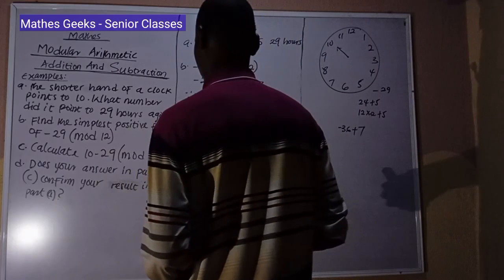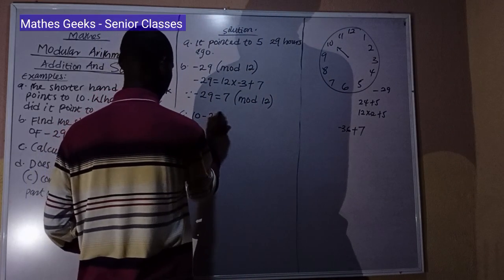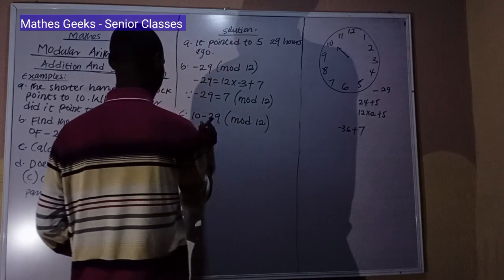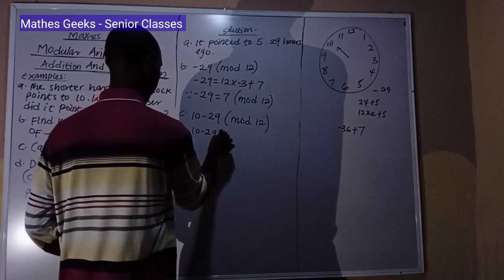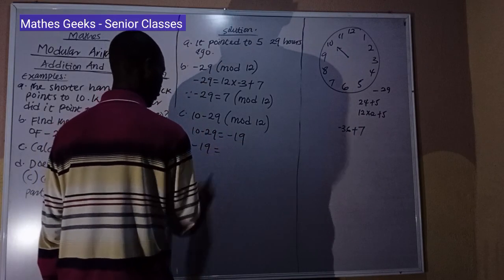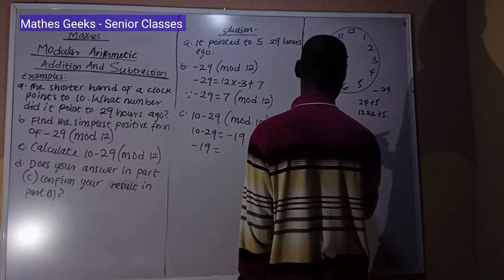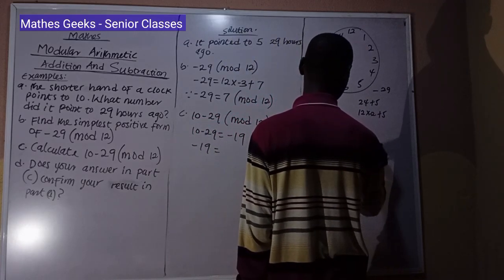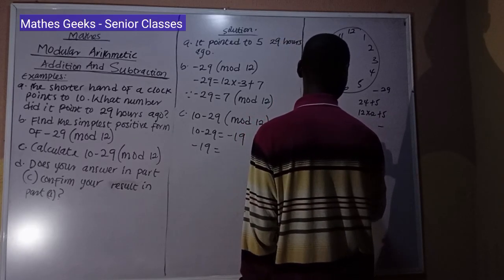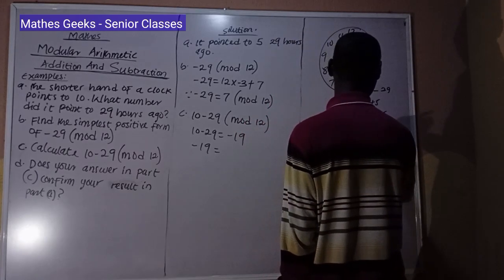C. Calculate 10 minus 29 in mod 12. 10 minus 29 is equal to minus 19. And minus 19 in mod 12 is 12 times minus 1 plus 12 times minus 1 will give you 12 times minus 2, which is minus 24.